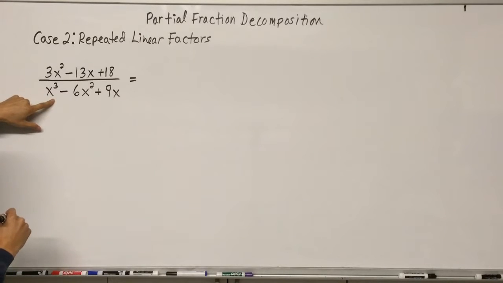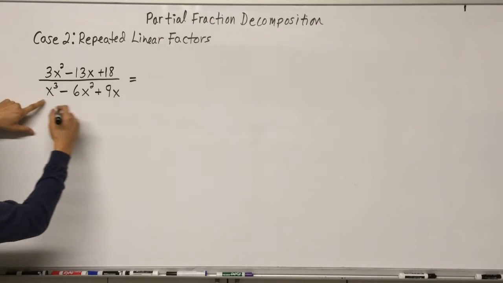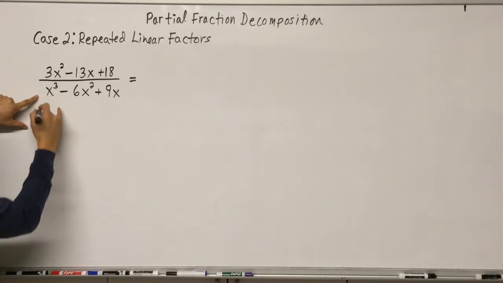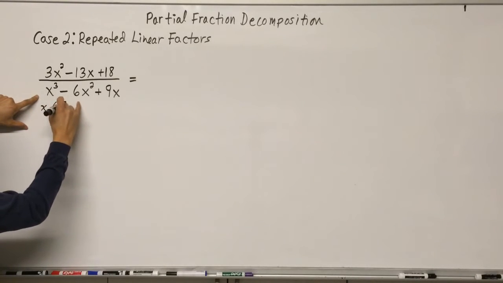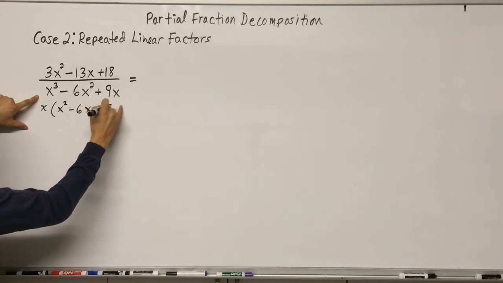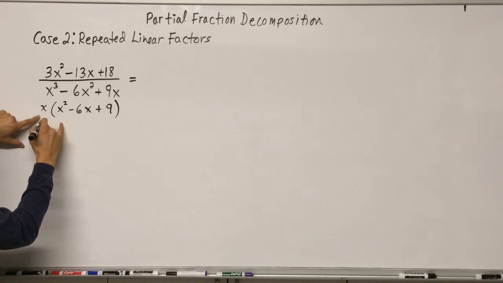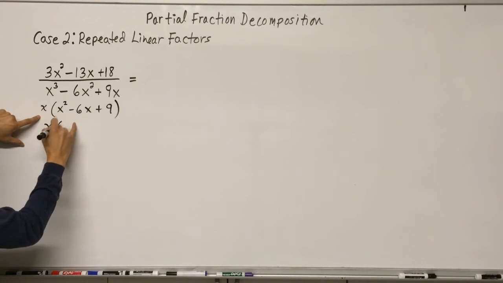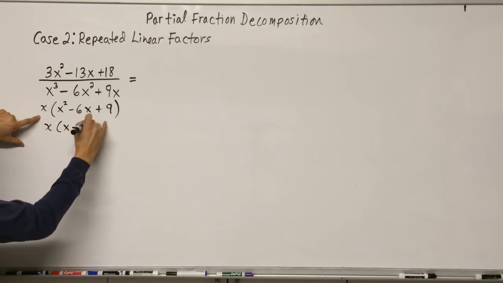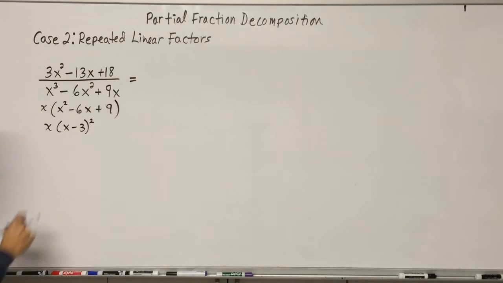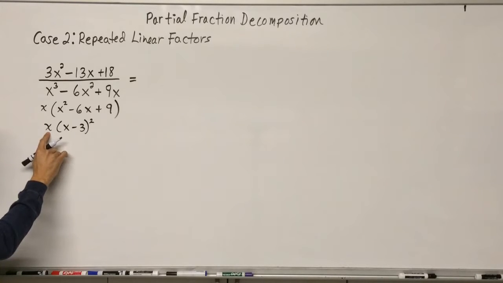Okay, so we can factor out an x, and that will leave us with what? x squared minus 6x plus 9. And then we see that this will factor into x times (x minus 3) quantity squared. So here we've got an x which is a distinct linear, right?